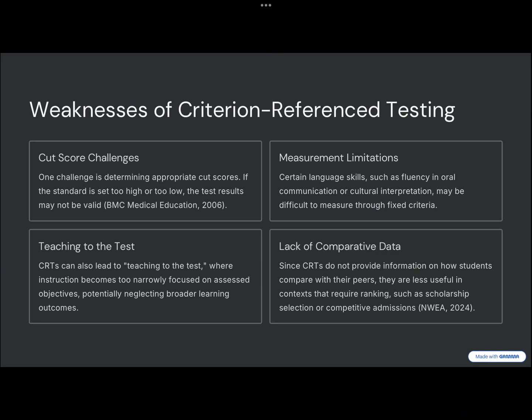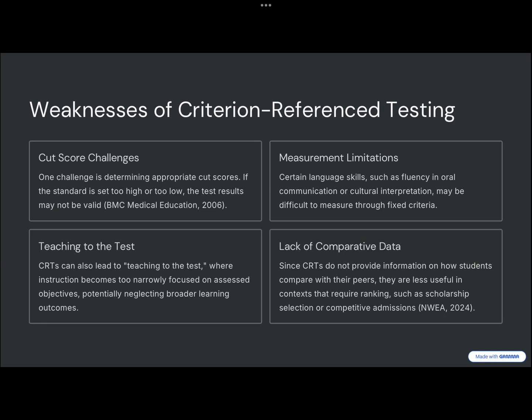A practice known as teaching to the test, this can limit students' exposure to broader concepts, creativity, and critical thinking. While CRTs help ensure mastery of required skills, overemphasis on them may reduce the richness and diversity of learning experiences. So balancing CRTs with other assessment forms and activities can prevent this problem and promote more well-rounded learning.